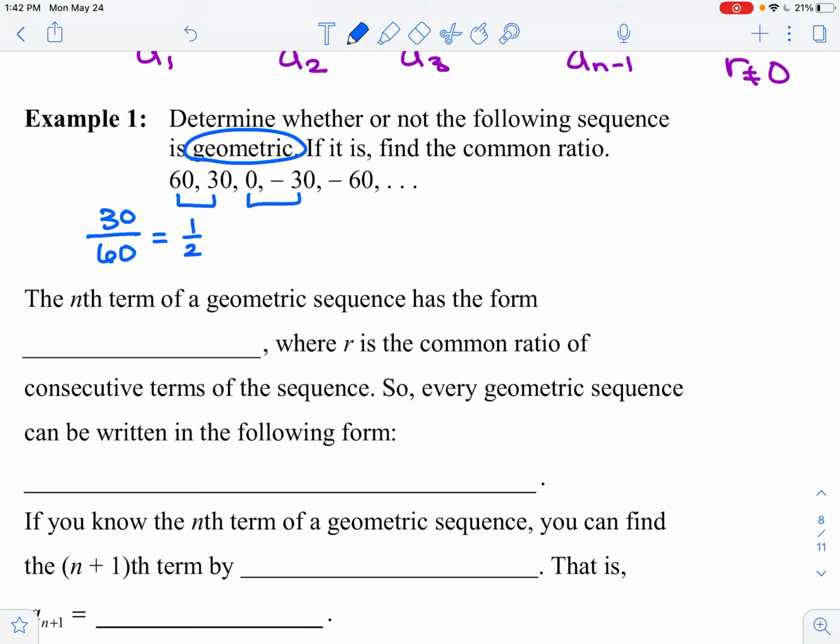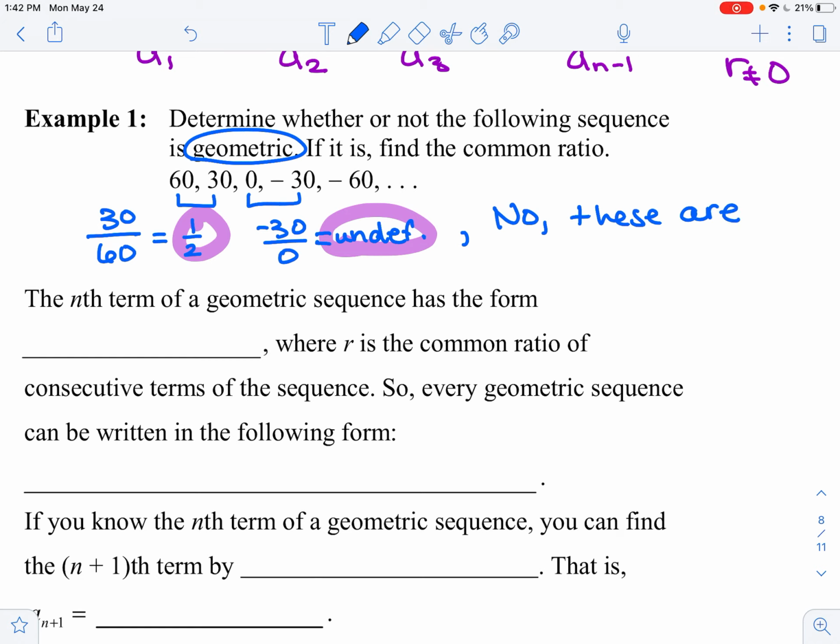If I check these two, negative 30 divided by 0, whoops, well that's undefined. Notice that these are not the same. So we say, no, this is not a geometric sequence.